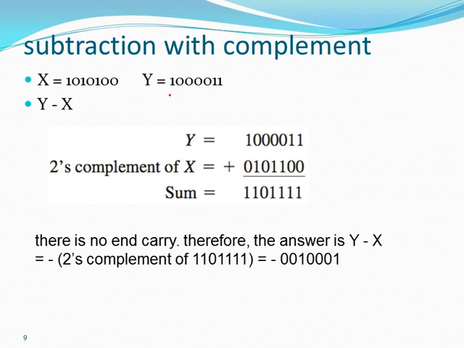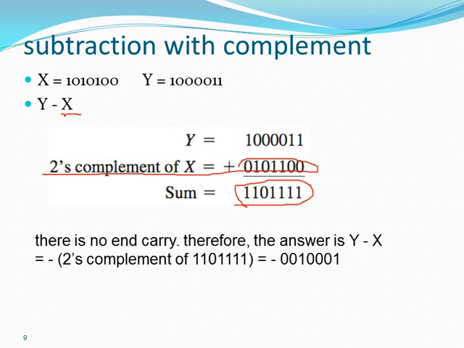But in case this number is greater, then we expect a negative result. Don't forget that. So we add 2's complement of this number, then we have a result.